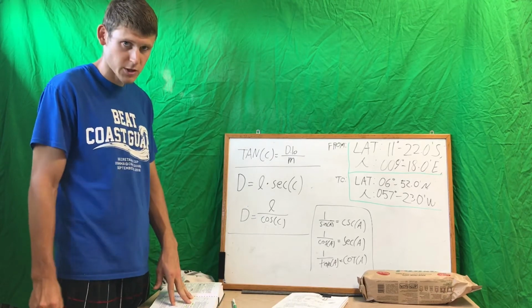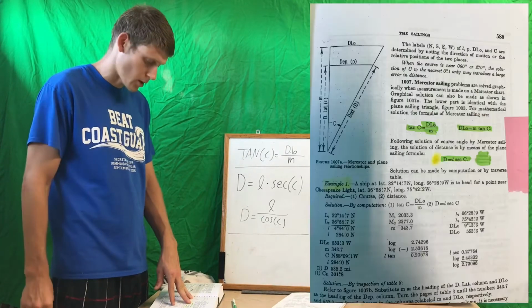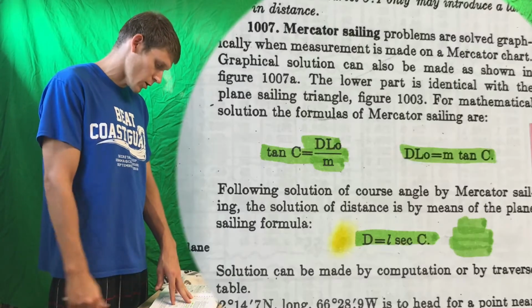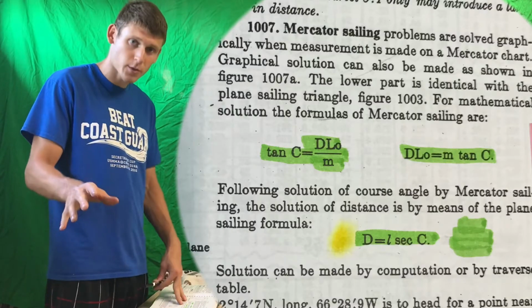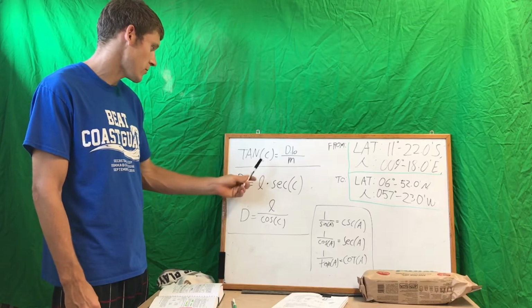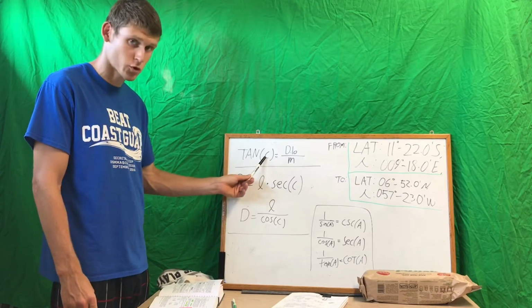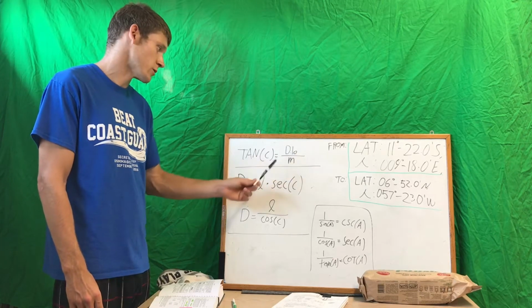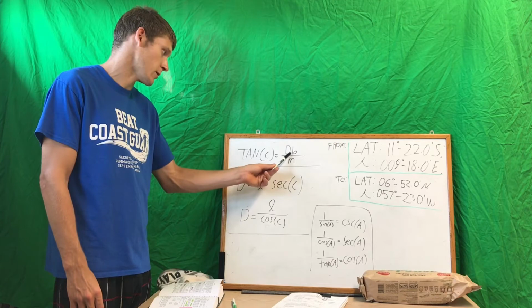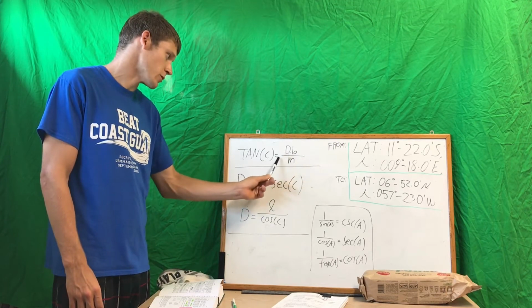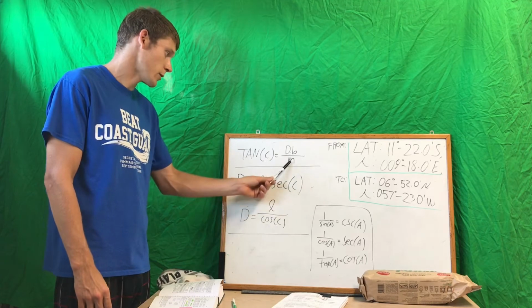When you get to section 10.07 of Chapter 10, the Sailings, in Bowditch Volume 2, you're going to see that the formula for Mercator Sailing is tangent C, where C is true course, equals the difference in longitude, which I publish as capital D dot LO, over meridional parts.